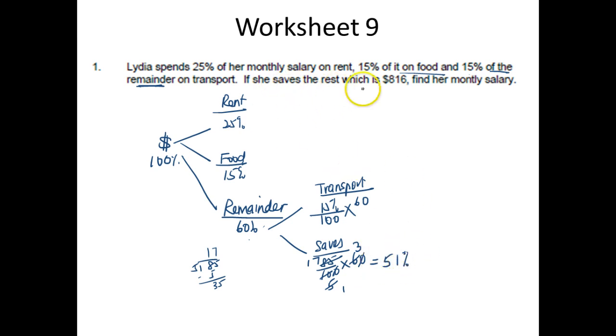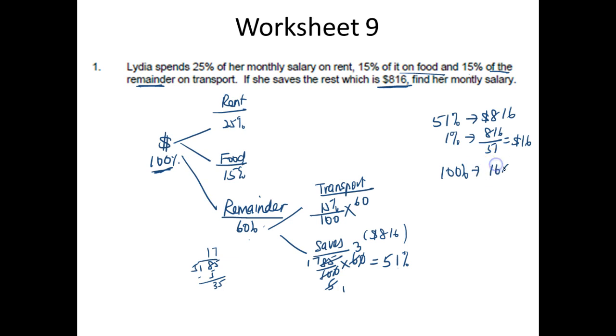If she saves the rest, which is $816, so 51% is my $816. So 1% would be 816 divided by 51, which is $16. Find her monthly salary, 100%. So it's 16 times 100. The answer is $1,600. So her monthly salary is $1,600.